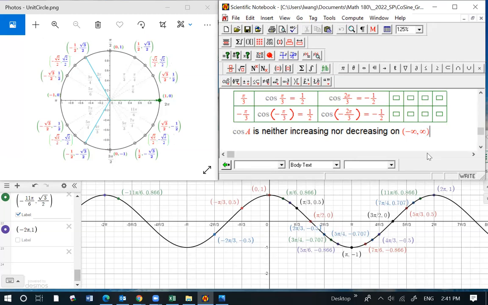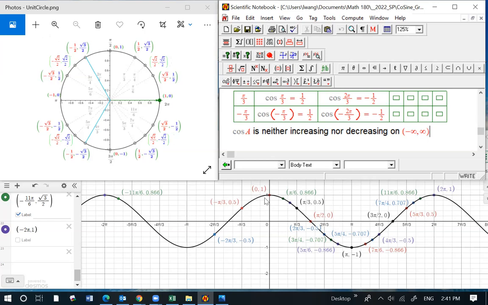Is it 1-to-1 if it's even? Of course not. If it is an even function, it cannot possibly be 1-to-1, because there are so many pairs where opposite inputs produce the same output.